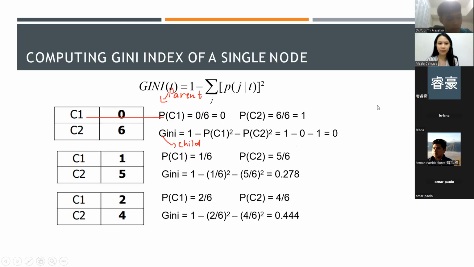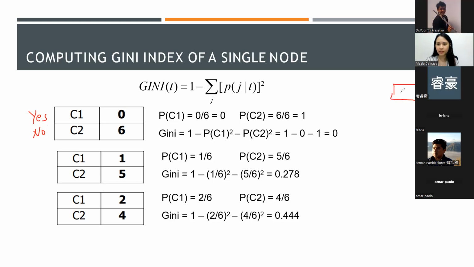So just for an example, let's say we have this example. So this is your yes, and then this is your no. For example, this is Outlook, and then we have three branches here, and then we have yes over here, and then no over here.